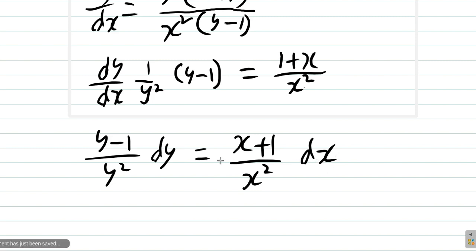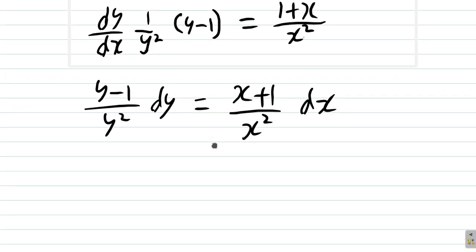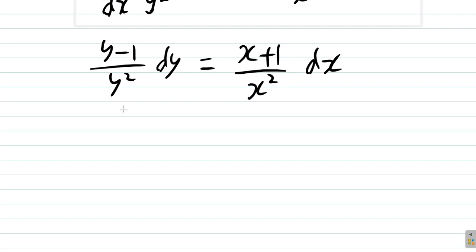Okay, good. We've separated the variables. So what we want to do now is integrate (y minus 1) over y squared dy equals integrate (x plus 1) over x squared dx. All right, let's fix this up a bit.